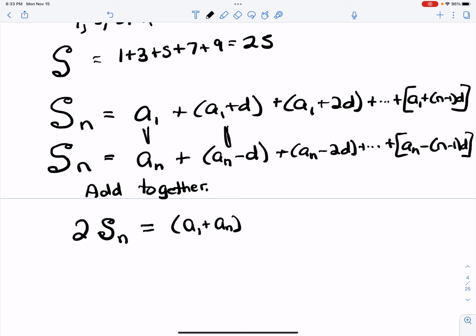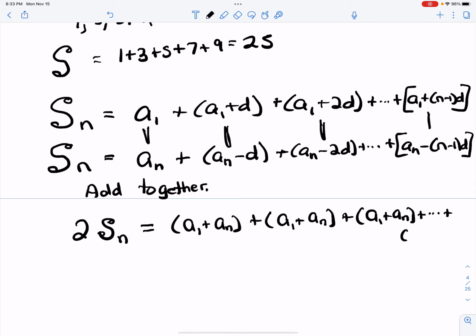Add these together, again, you get a sub 1 plus a sub n. Add these together, you get a sub 1 plus a sub n. All the way down to here, you again get a sub 1 plus a sub n.